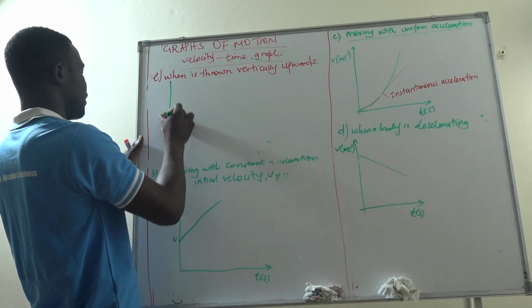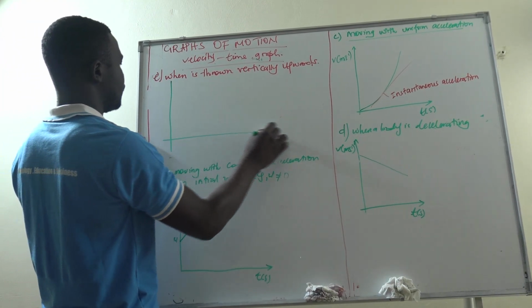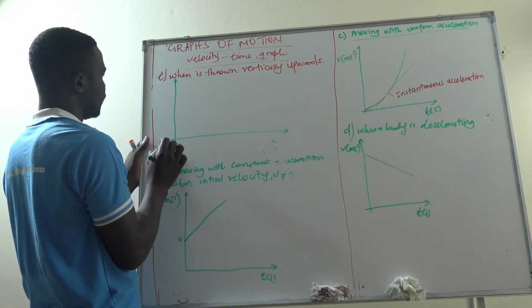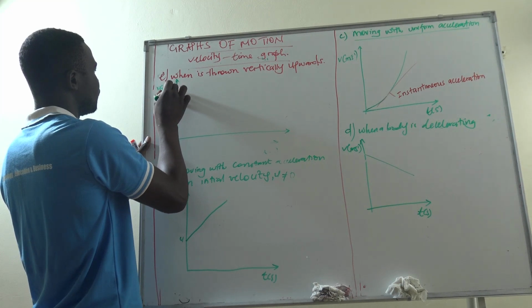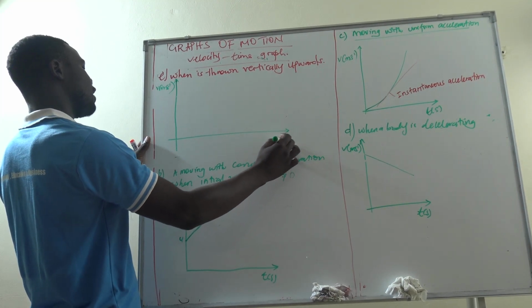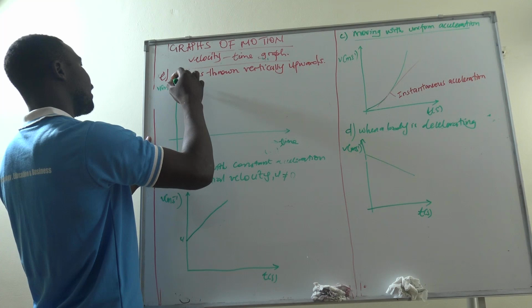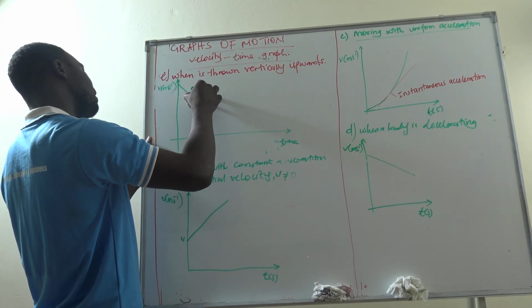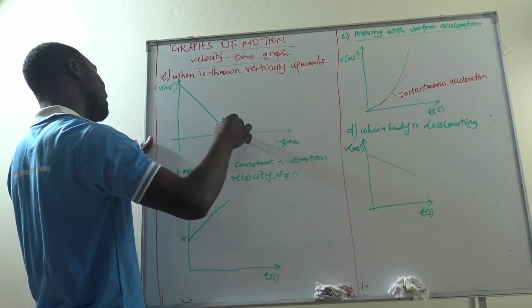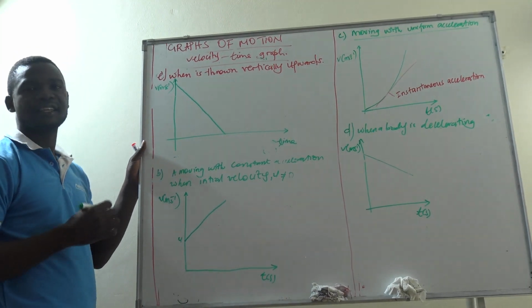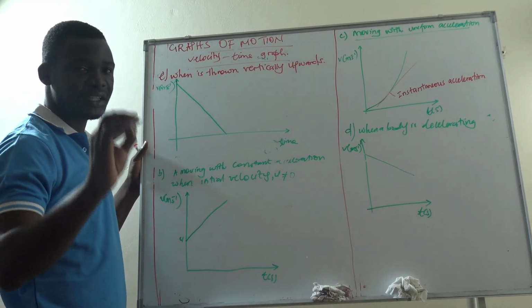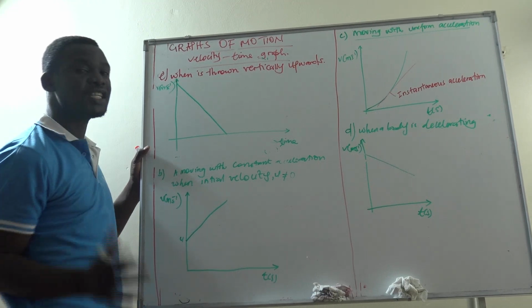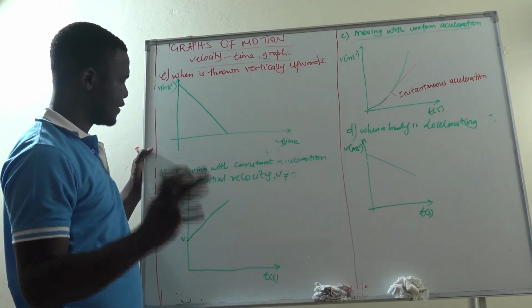Now, when a body is thrown vertically upwards, this is if we are plotting velocity against time. When you throw a body vertically upwards, it moves with a decreasing speed until it reaches maximum height. And when it reaches maximum height, we say that the speed at that point is momentarily zero.